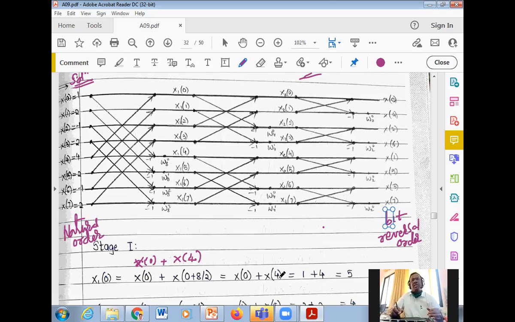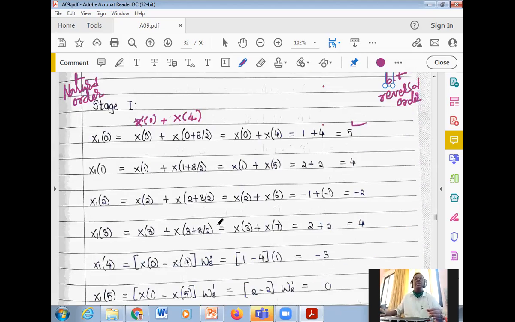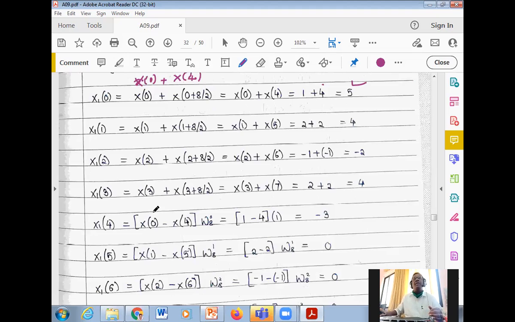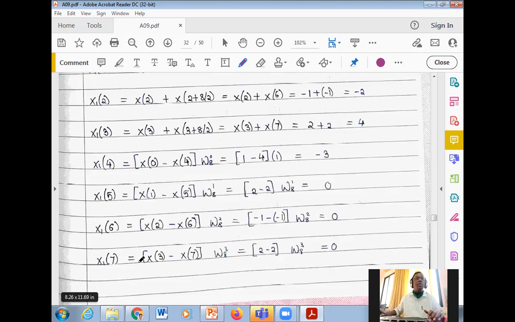So x of 0 plus x of 4, and here x of 0 equals 1 and x of 4 equals 4. So the total value we are getting is 5. Likewise, we are calculating the stage 1 outputs, x1 of 1, x1 of 2, x1 of 3, x1 of 4, x1 of 5, x1 of 6, x1 of 7.